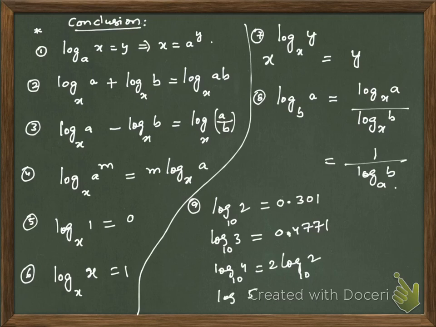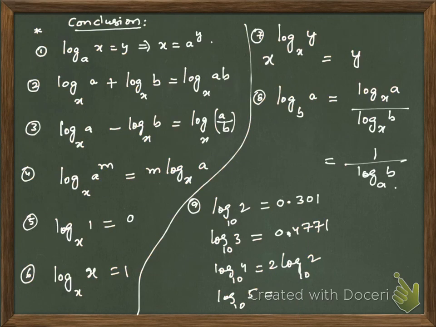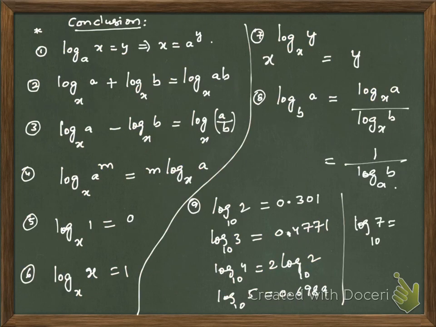Similarly log 5 to the base 10 is 0.6989. Similarly, you can derive log 6, and log 7 to the base 10 is 0.8450. So this is the conclusion.